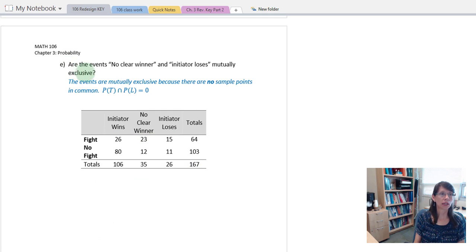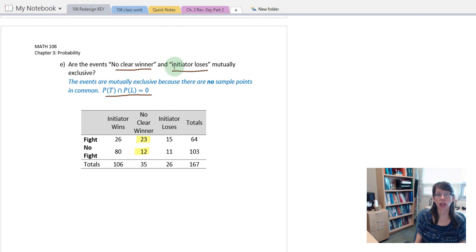The last question is asking us, are the events no clear winner and initiator loses mutually exclusive? So if events are mutually exclusive, there are no sample points in common, so their intersection is equal to 0. So first let's find those events in the table. No clear winner, 23 and 12 are no clear winner.